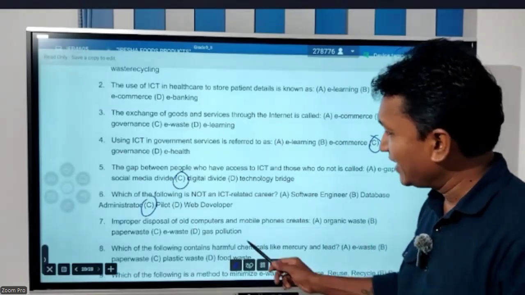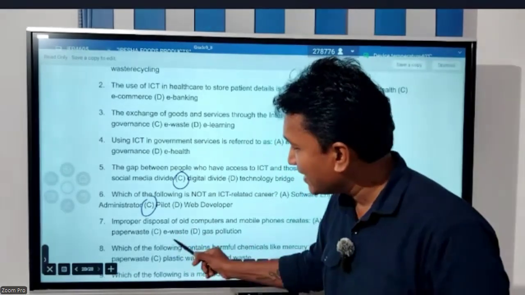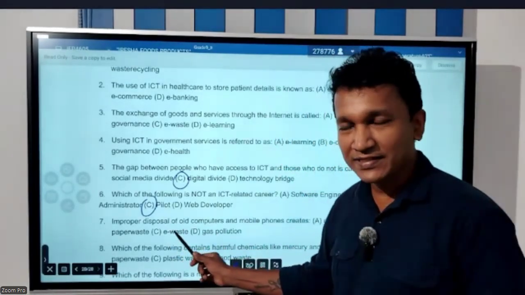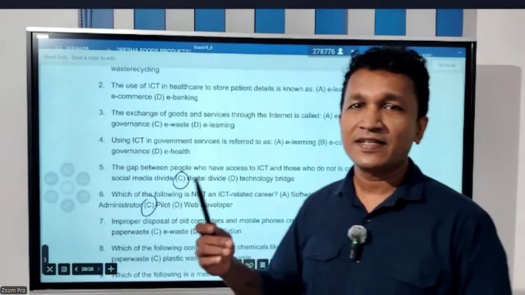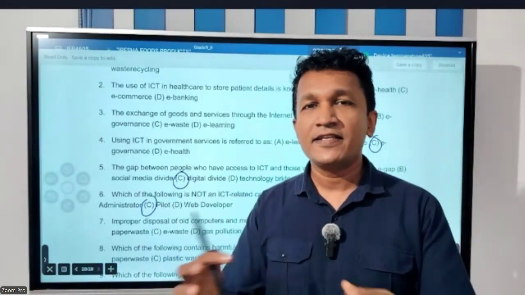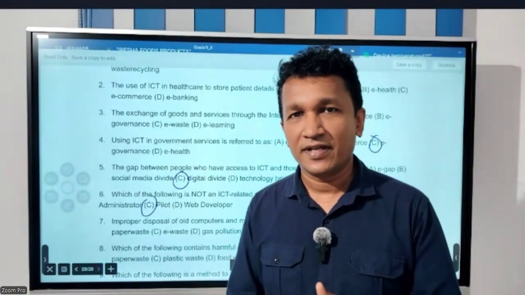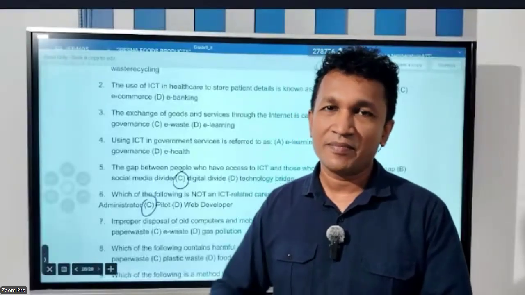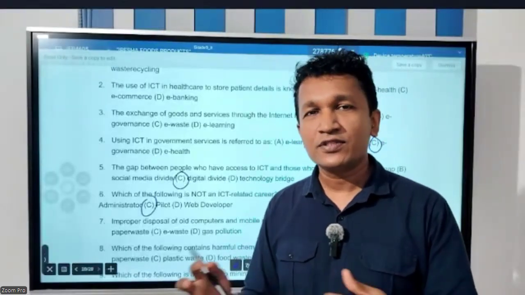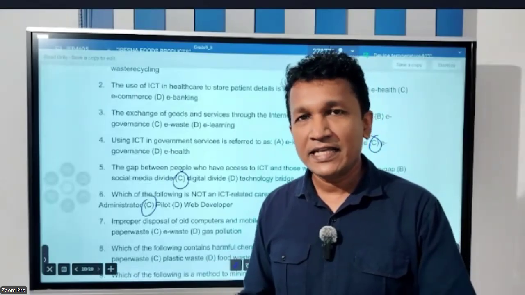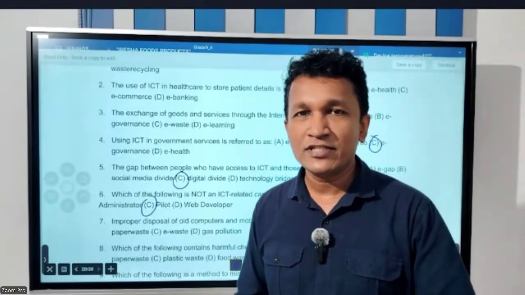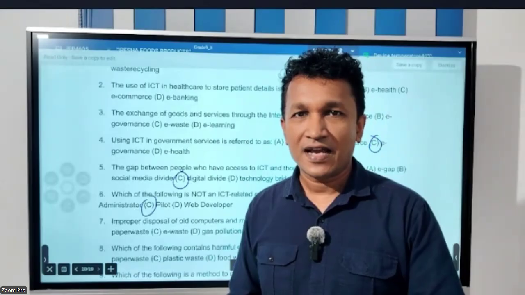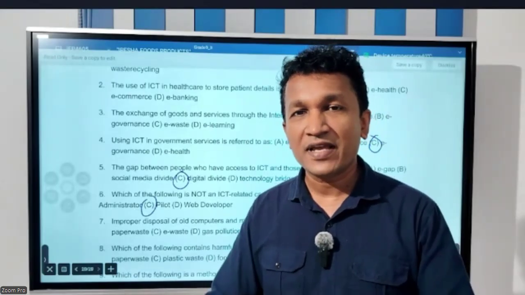E-waste. E means simply electronic waste. Electronic waste means the ICT related equipment. It can be a computer, a monitor, a keyboard, a mouse. Those kinds of things become waste once we stop using them. අපි පාවිච්චි කරන්නේ භාවිතයෙන් ඉවත තමයි ඒක waste එකක් වෙනවා.